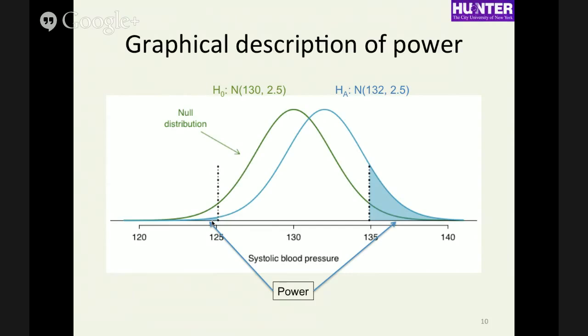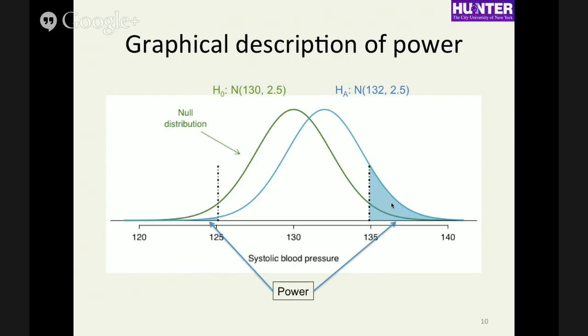So again, the alpha, the type 1 error rate, is when the null hypothesis is true, how frequently you reject it. So lowering that alpha means that you incorrectly reject the null less frequently. But the flip side of that is you're saying it has to be further from the mean of the null distribution in order to reject it.